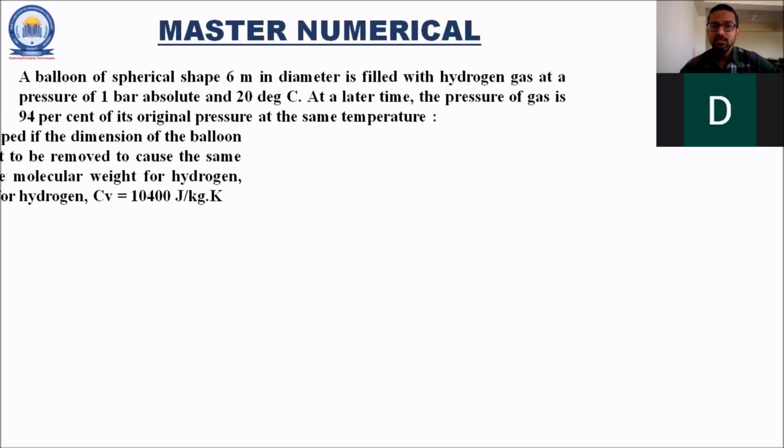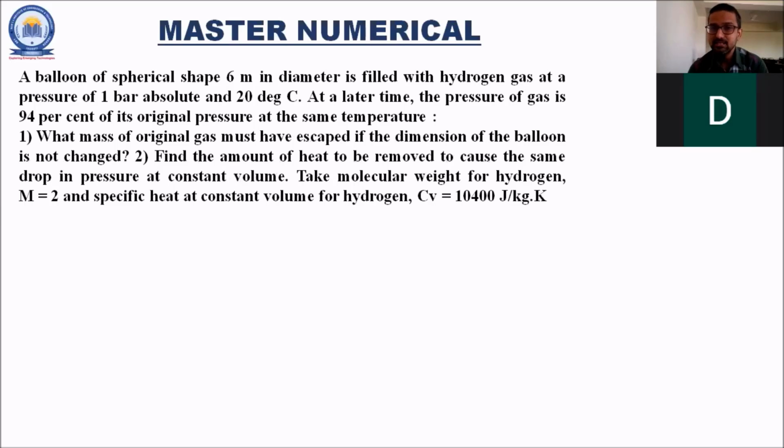This is the numerical which was asked in the GTU examination. A balloon of spherical shape, 6 meter in diameter, is filled with hydrogen gas at a pressure of 1 bar absolute and 20 degrees Celsius. At a later time, the pressure of the gas is 94% of its original pressure at the same temperature.